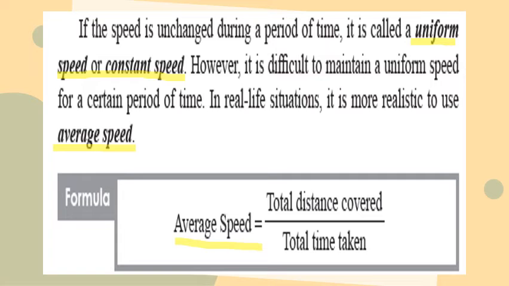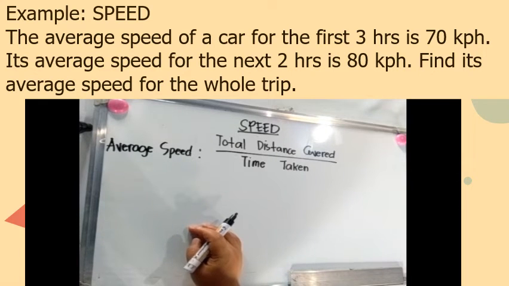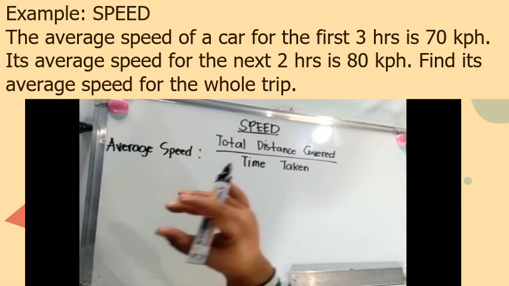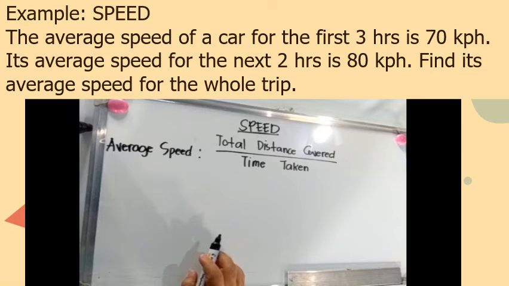So, para mas masabtan ninyo, let us have an example. Okay, so, let us have example in average speed. So, we have the average speed of a car for the first 3 hours is 70 km per hour. Its average speed for the next 2 hours is 80 km per hour. Find its average speed for the whole trip.